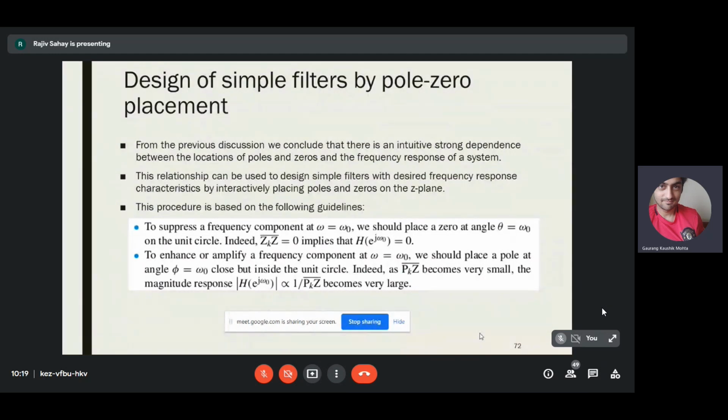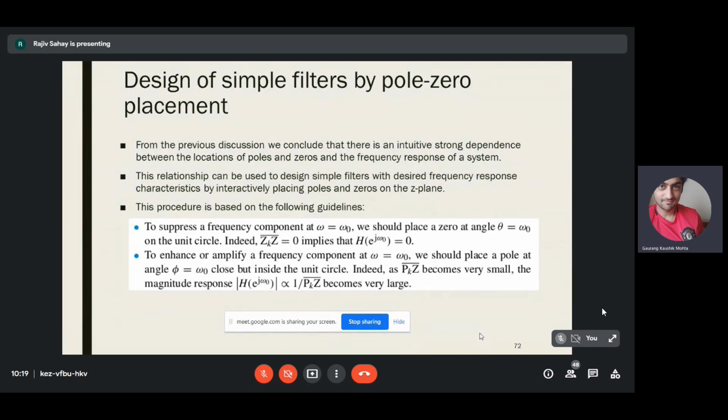As we had discussed earlier, the procedure of designing a filter is based on the location of the poles and the zeros. The poles affect the gain, or the magnitude, of the frequency response. Whenever you have a pole at a particular angle, the frequency response peaks around that location.